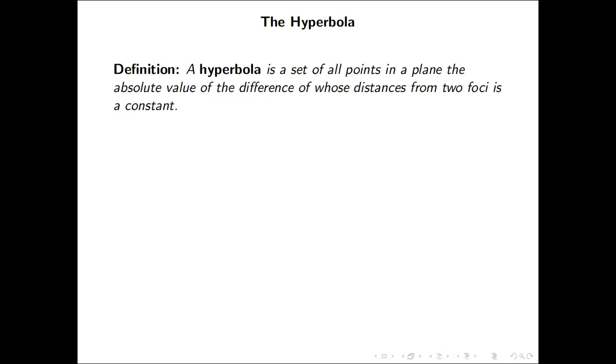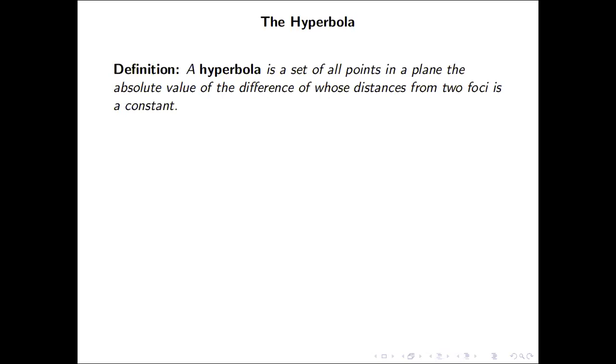Now, we almost have the same definition for the hyperbola as with the ellipse, except that instead of having the sum of distances constant, we have the difference of distances constant this time. However, since the difference may be positive or negative, we use the absolute value of the difference instead. Okay, so let's read the definition here.